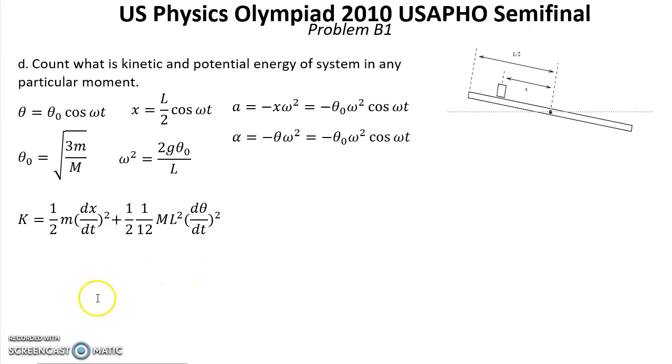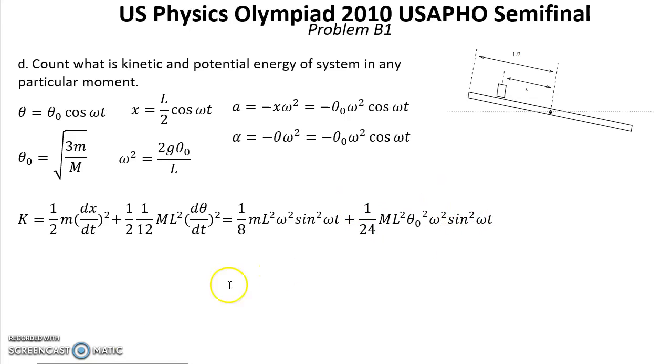After counting, we can put these expressions in. This is our kinetic energy for the block, and this is our rotational kinetic energy for the plank.